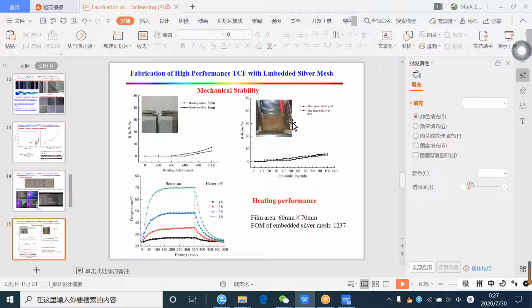When the area of TCF is 60 millimeters by 70 millimeters, the FOM is 1237. We can see that the TCF has good heating performance.